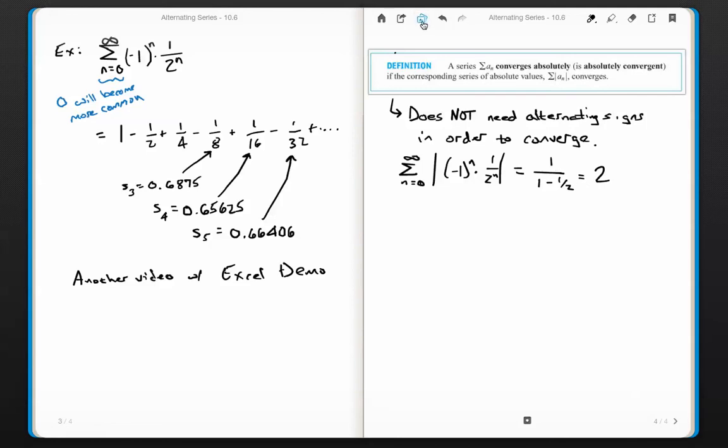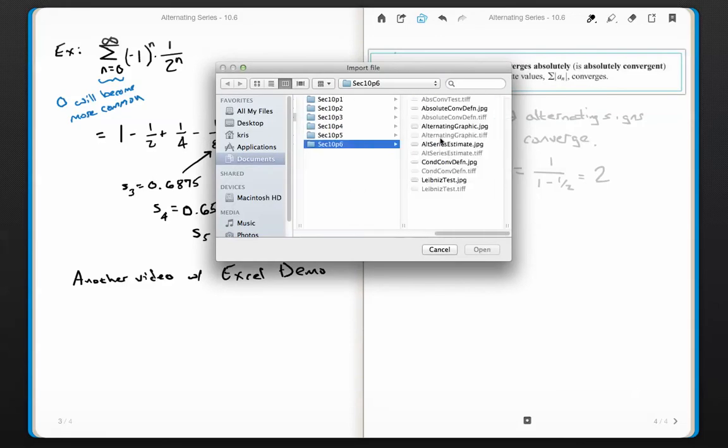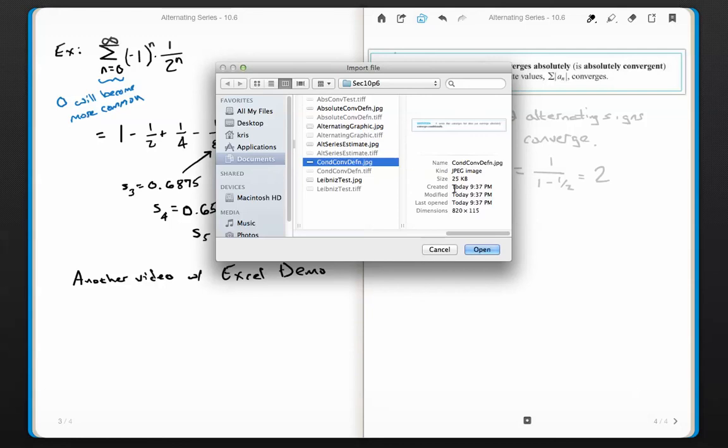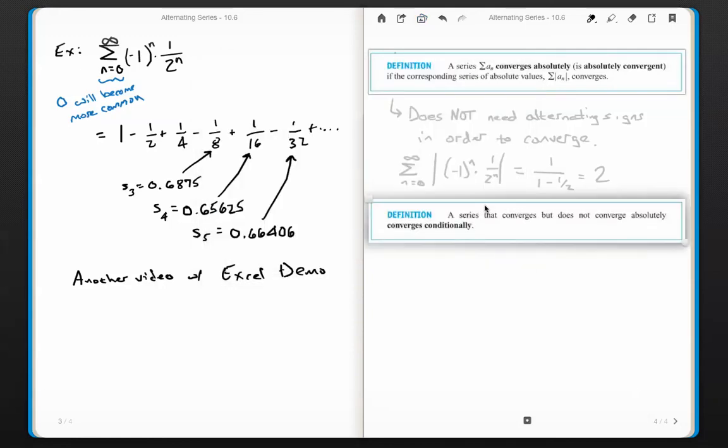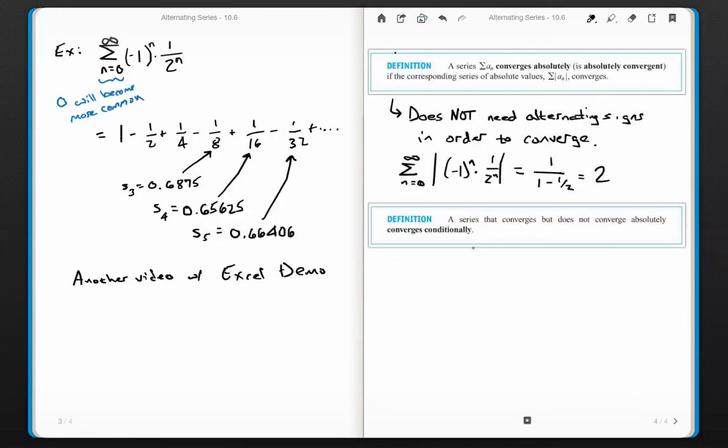Now that might lead you to guess that the next one is the conditional convergence. And that goes here. And so this one does need the negative signs. Well, what's a good example of that one?